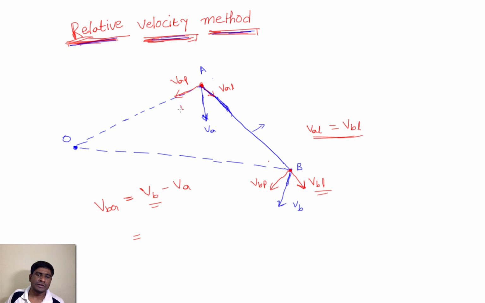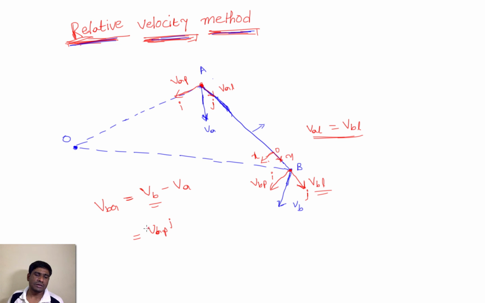If I assume this as I and this as J, then VBP I and VBL J. That means if I consider the reference point here, having the x-axis like this and the y-axis like this, this is O. I have chosen this randomly, just for the sake of understanding. Whenever we take the x-axis, generally the unit vector along the x-axis is I, and along the y-axis the unit vector is J.